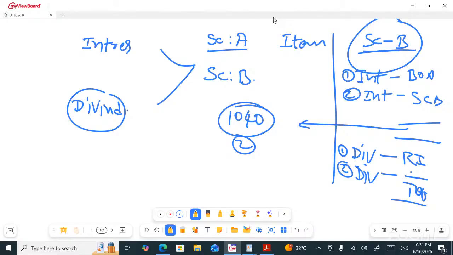This dividend income is to be included in form number 1040, item number 3, like this.